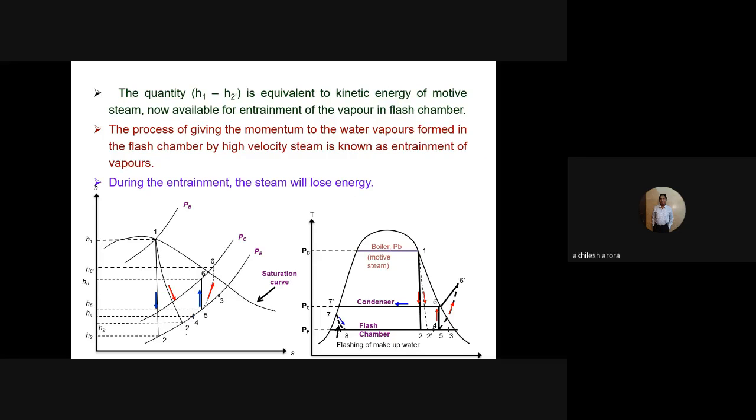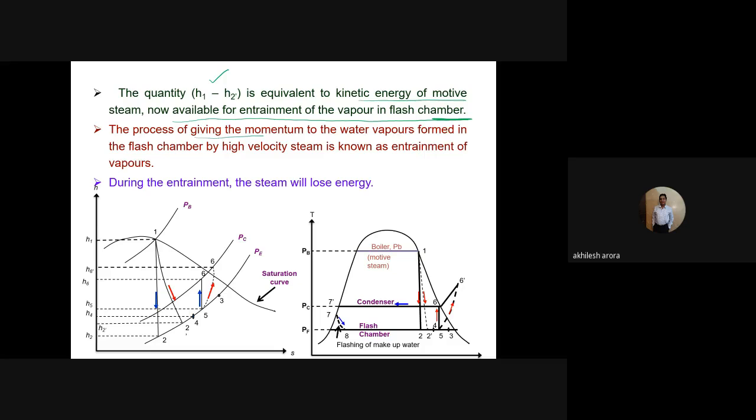Now the quantity h1 minus h2 dash is equivalent to the kinetic energy of the motive steam now available for entrainment of the vapor in the flash chamber. Whatever kinetic energy or velocity is produced is capable of entraining the vapor from the flash chamber.